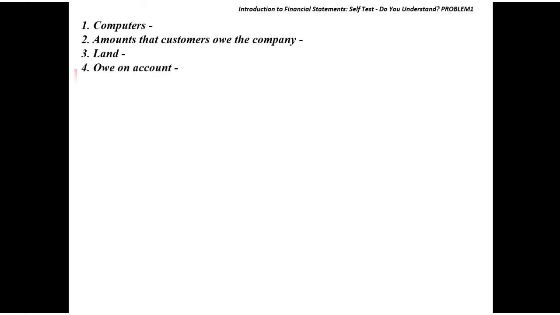Computers. Amounts that customers owe the company. Land. Owe on account. Accrued expenses.